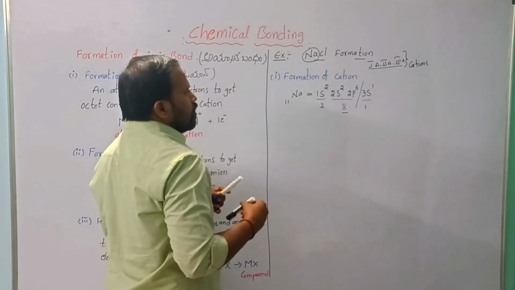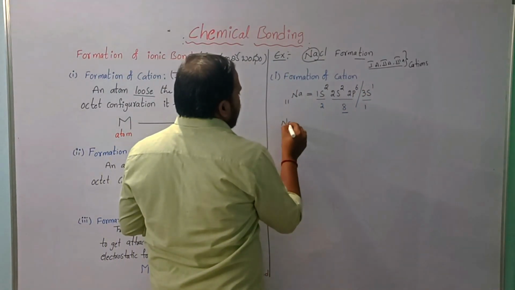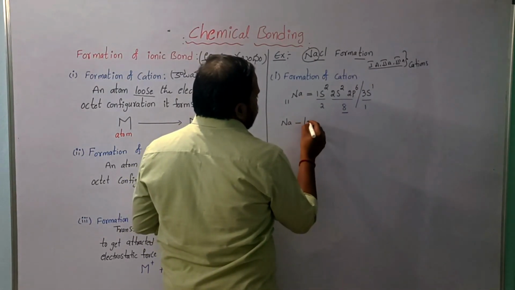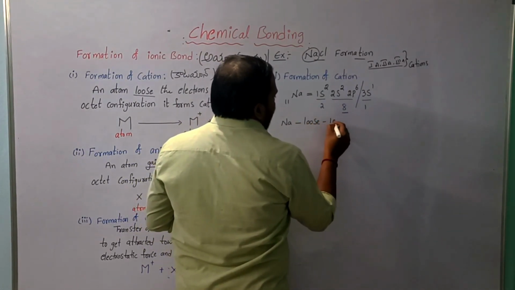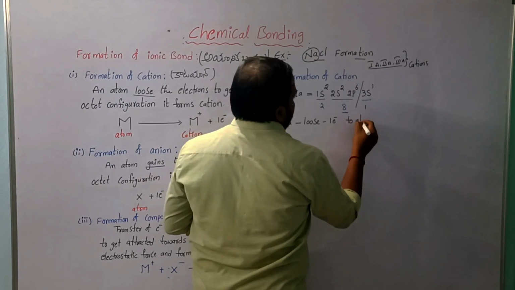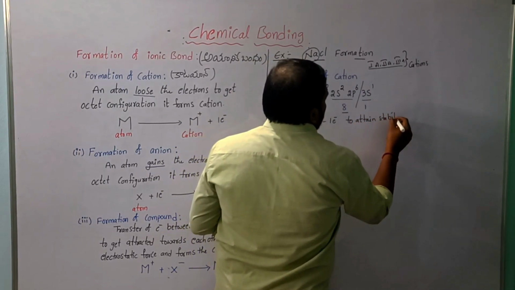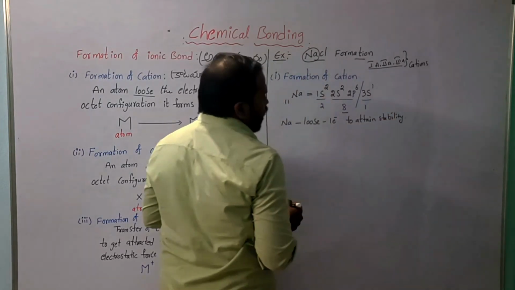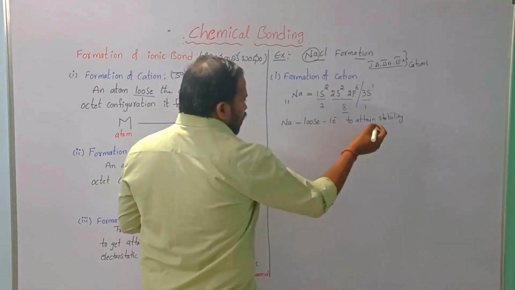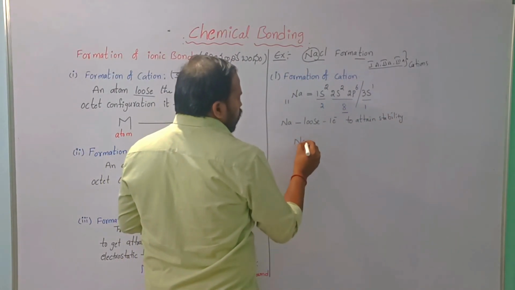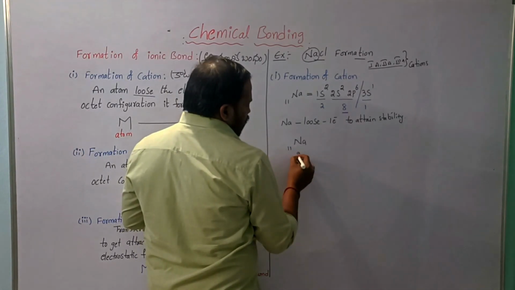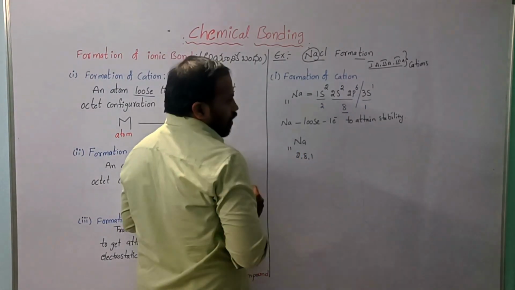So I will write the statement: sodium will lose 1 electron to attain stability. How does it lose that electron? We have to represent that with an equation. Sodium 11 has a 2, 8, 1 configuration.